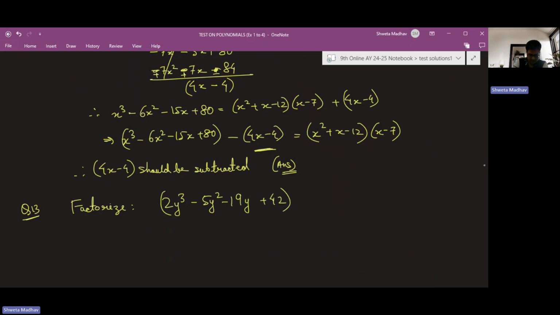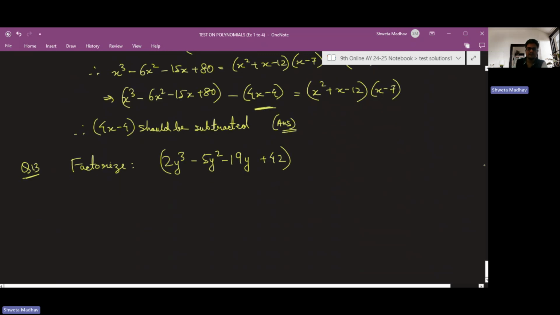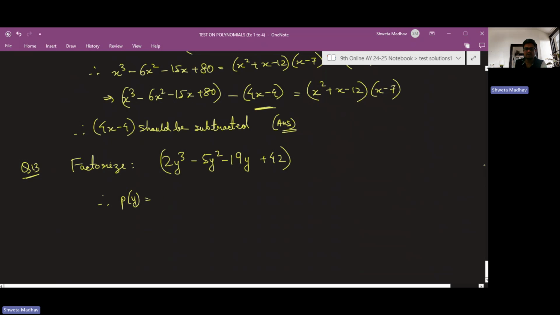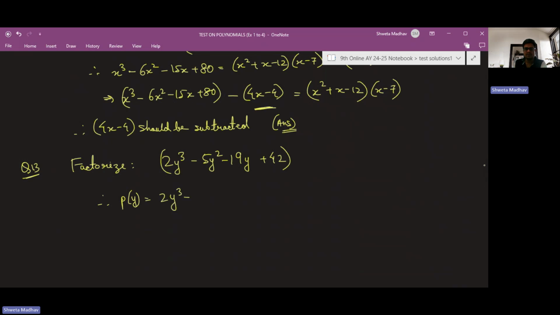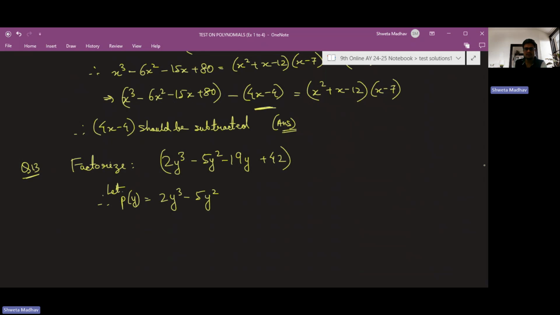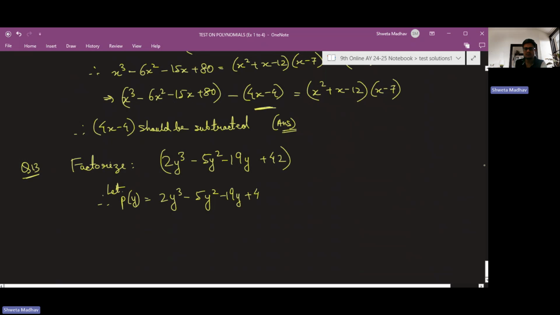So this we have to factorize. So let's call this P of y. Let P of y equal 2y power 3 minus 5y square minus 19y plus 42.